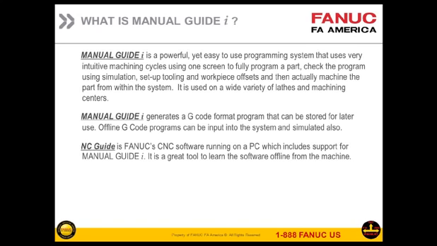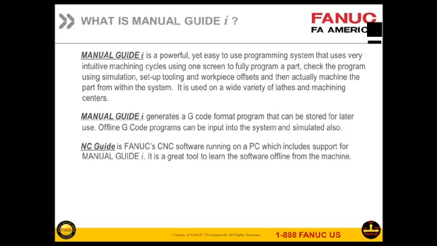One of the first things we need to talk about is what exactly is Manual Guide I? Well, it's a powerful onboard conversational programming system that uses intuitive machining cycles, both turning and milling, that you use one screen to fully program a part.